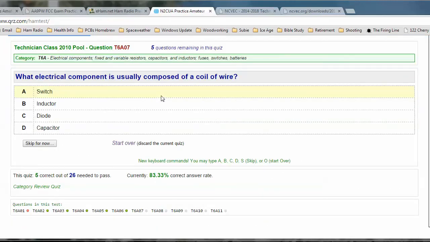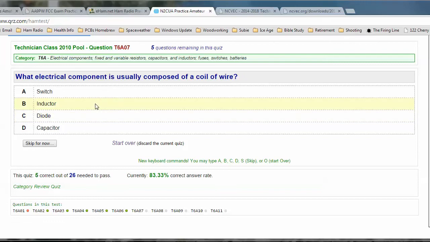What electrical component is usually composed of a coil of wire? That's an inductor, always and forever. Transformers are a form of inductor, but it's not a single coil of wire, there are multiple coils of wire in a sense.